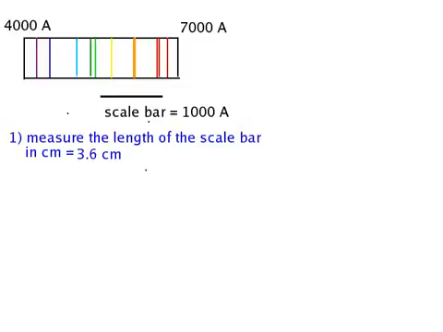Then we know that the scale bar is 1,000 angstroms, and that's what I sort of guesstimated. So the next step would be to calculate the conversion factor. We want to figure out how many angstroms we have per centimeter, or we could call it the scale factor.